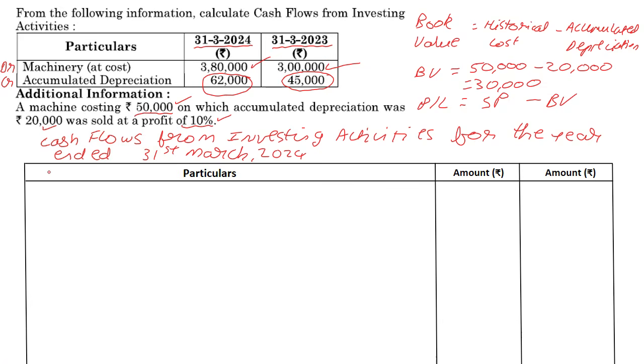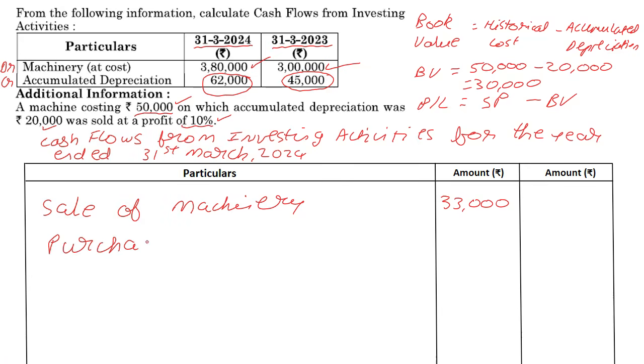Okay, so what we have over here is sale of machinery for 33,000. And what we now need to calculate is purchase of machinery.